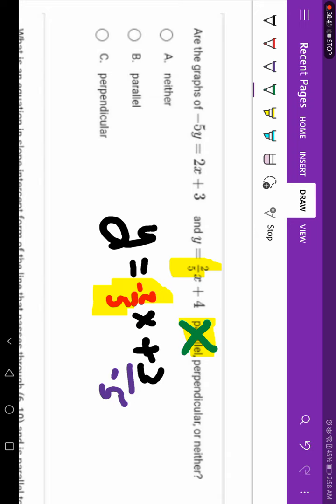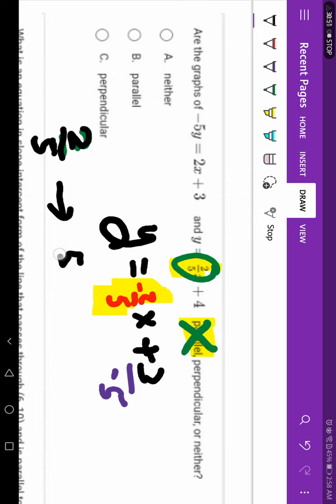Perpendicular. If you take one slope, for example, take this 2 over 5 and flip it, 5 over 2, and opposite, negative 5 over 2. Is it the same as the one here? Actually no, they are different.